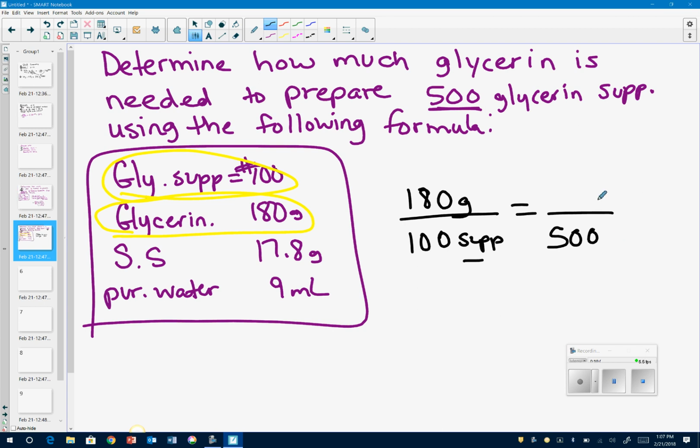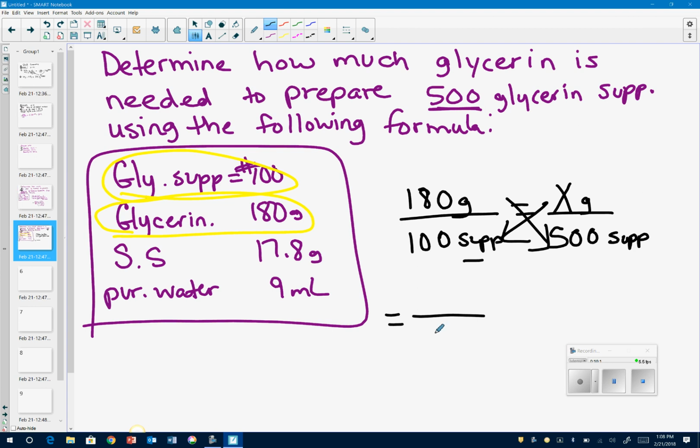I like to do everything in ratio proportion. And then we're trying to find out how many grams of glycerin we need. So then you're just going to cross multiply. Whatever you multiply the x by, remember, always goes on the bottom.